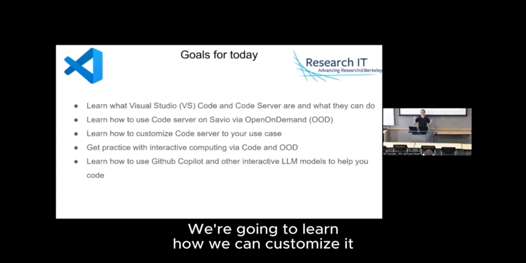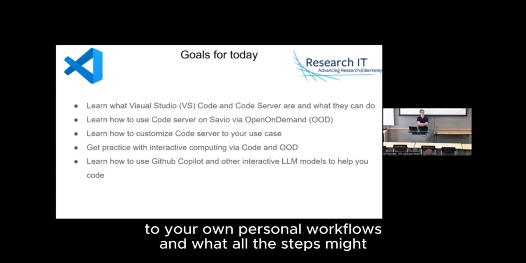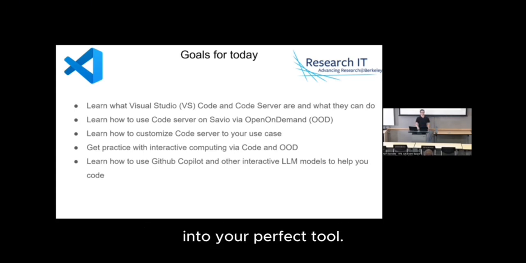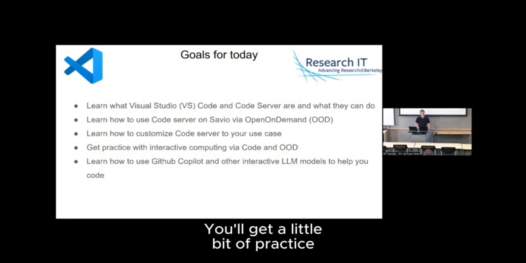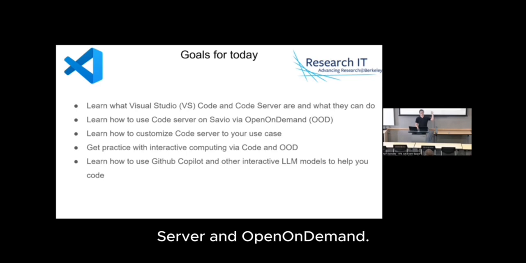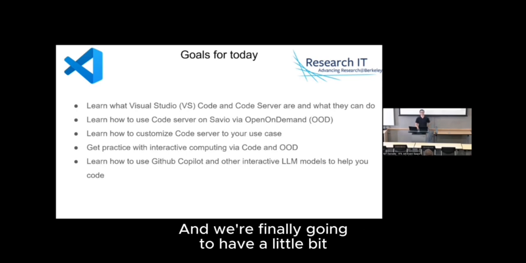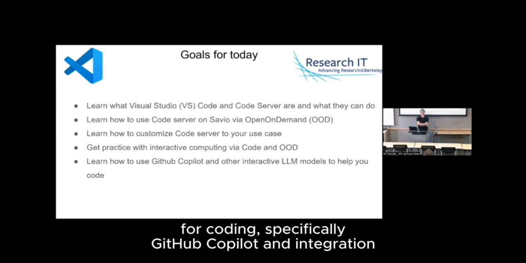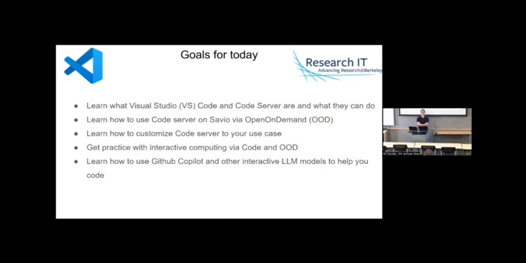We're going to learn how we can customize it to your own personal workflows and what all the steps might be involved in customizing your VS Code environment into your perfect tool. You'll get a little bit of practice with some interactive computing via the Code Server and Open OnDemand. And we're finally going to have a little bit of the tutorial focus on using these AI LLM-based tools for coding, specifically GitHub Copilot and its integration in Code Server.